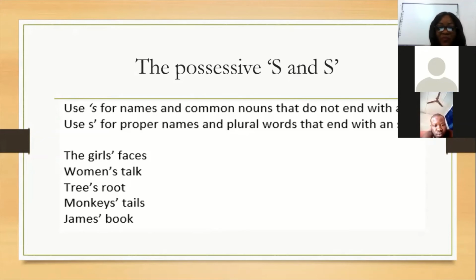Same thing with women. Women, we know, is a plural form, but the manifestation of this plural form does not have an S in it. Women's, not womens'. All right? And so because even though it's a plural form, it doesn't end with an S, we have the apostrophe S after it.